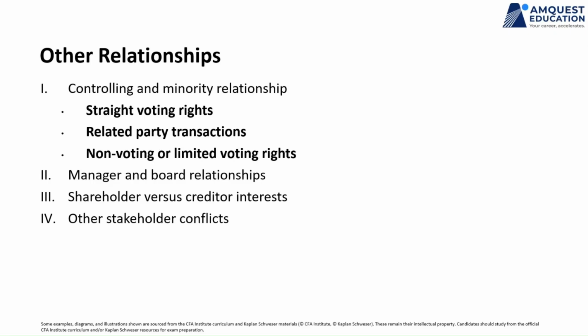Controlling shareholders, as the word suggests, have controlling rights in the organization. The controlling shareholder can take decisions and can influence the way a company's operations run or decisions are made. Minority shareholders, on the other hand, have a disadvantage. The minority shareholder is dependent on the decisions taken by the controlling shareholder.